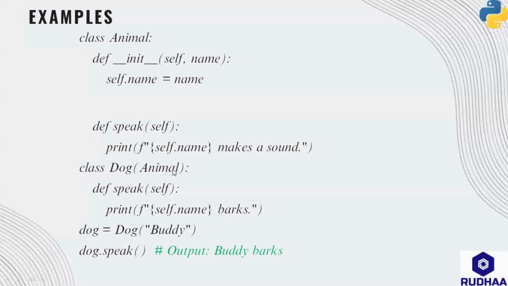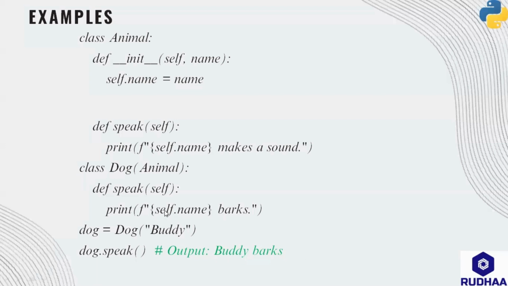So in the derived class, we mention both the child and the parent class. So now def speak self. Inside that speak, we print self dot name barks. So now dog is equal to Dog of Buddy. So here Buddy will be the self dot name. So dog speak. The output will be Buddy barks.